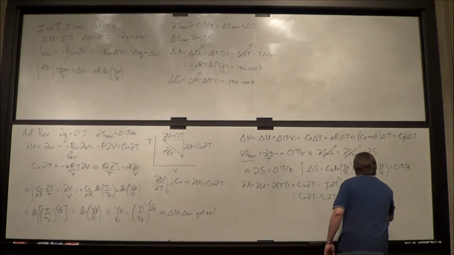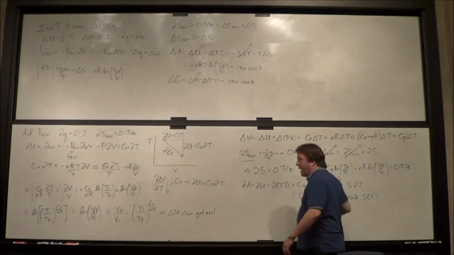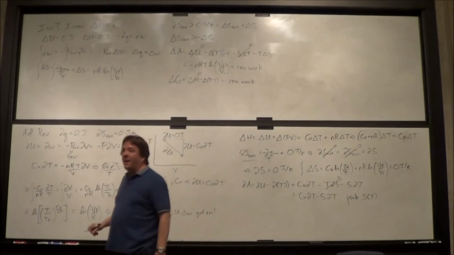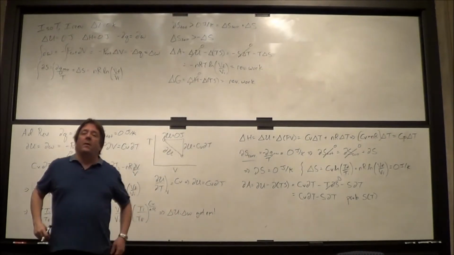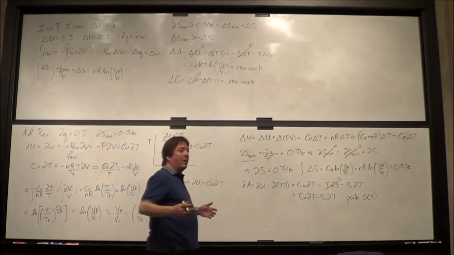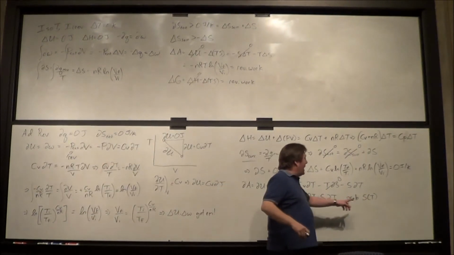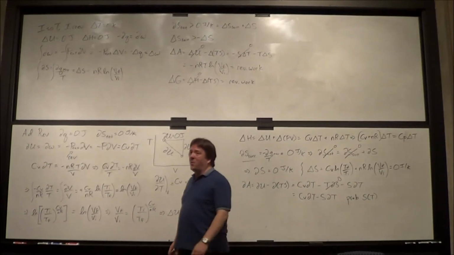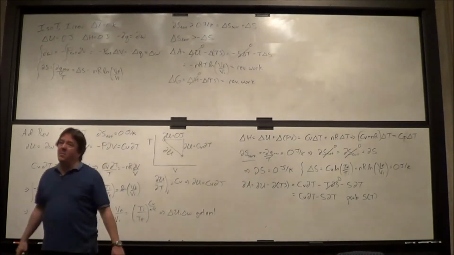The problem is S is temperature dependent. So just like before, when I had P dV, I couldn't ignore the volume dependence of pressure. It was important. It has to come out. It changes the answer in a big way. S is a strong function of temperature. It changes a lot with temperature.